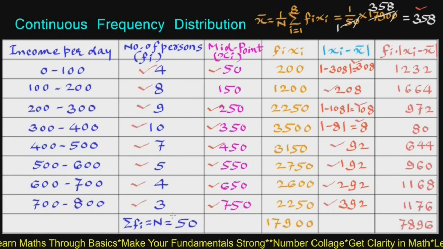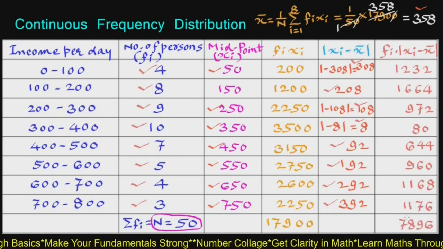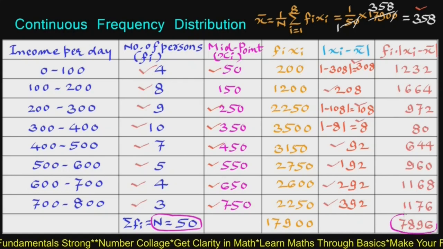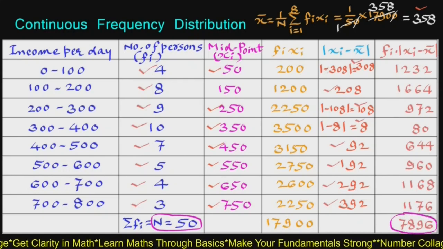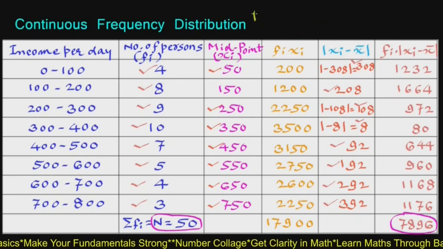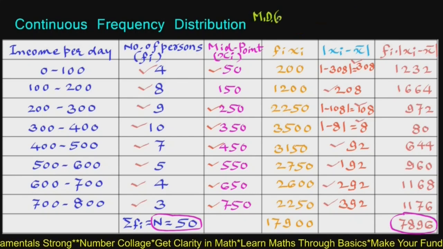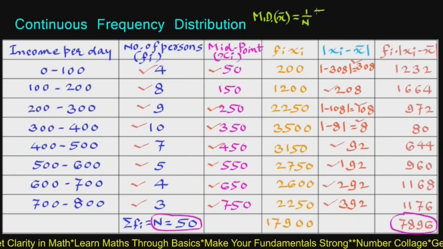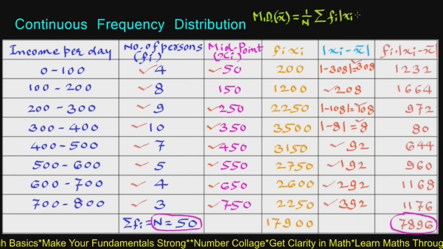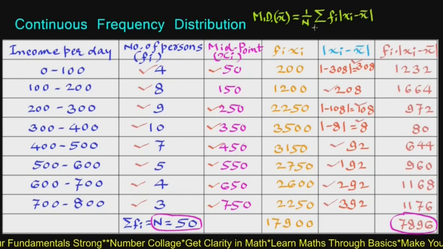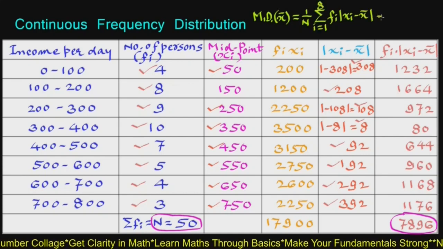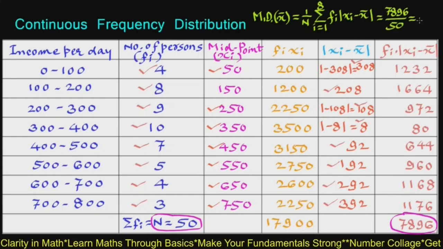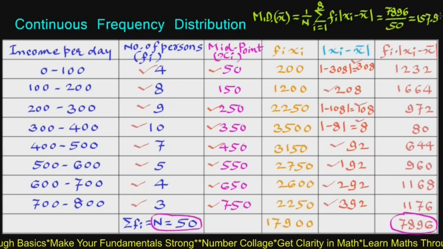Now with the help of the value of n, 50, and summation fi into mod xi minus x bar, we will find the mean deviation about mean. So mean deviation about mean x bar is 1 upon n summation fi mod xi minus x bar, i runs from 1 to 8, which will be 7896 upon 50, which will be 157.92.